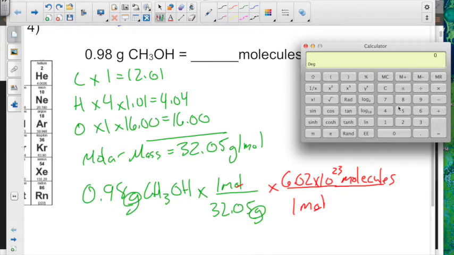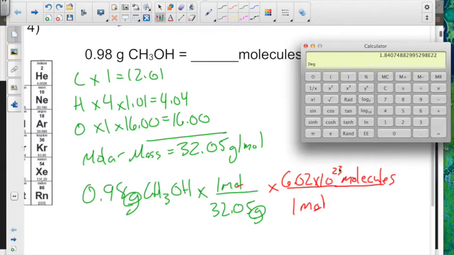Now let's do a little bit of math here, math magic. 0.98 grams of methanol divided by 32.05 down here, and then multiply that by 6.02 times 10 to the 23.